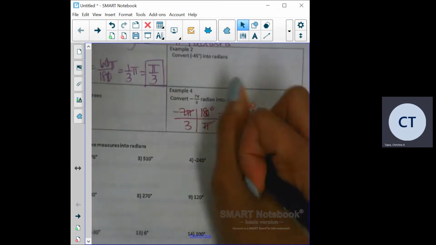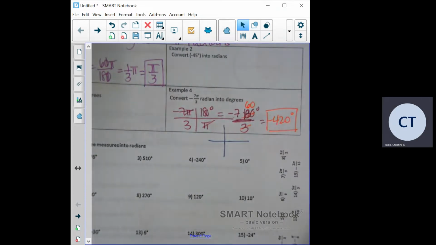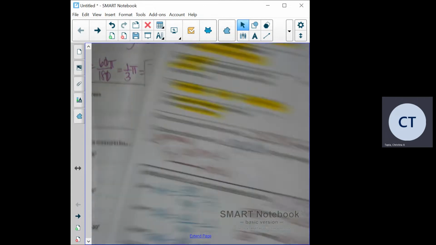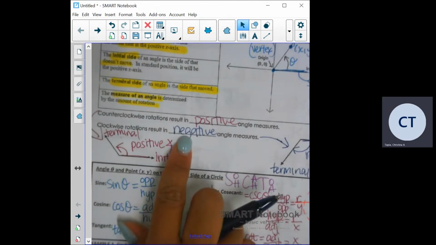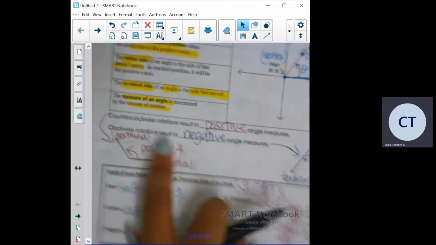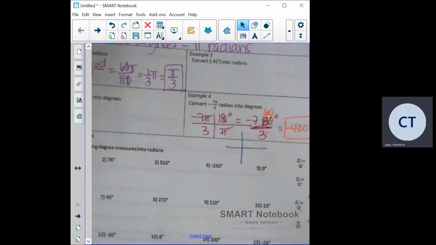420, is that more or less than 360? That's more than 360. And since it's negative, if you think back to the page that we just did, clockwise rotations are negative angle measures, so it needs to be going in a clockwise direction.